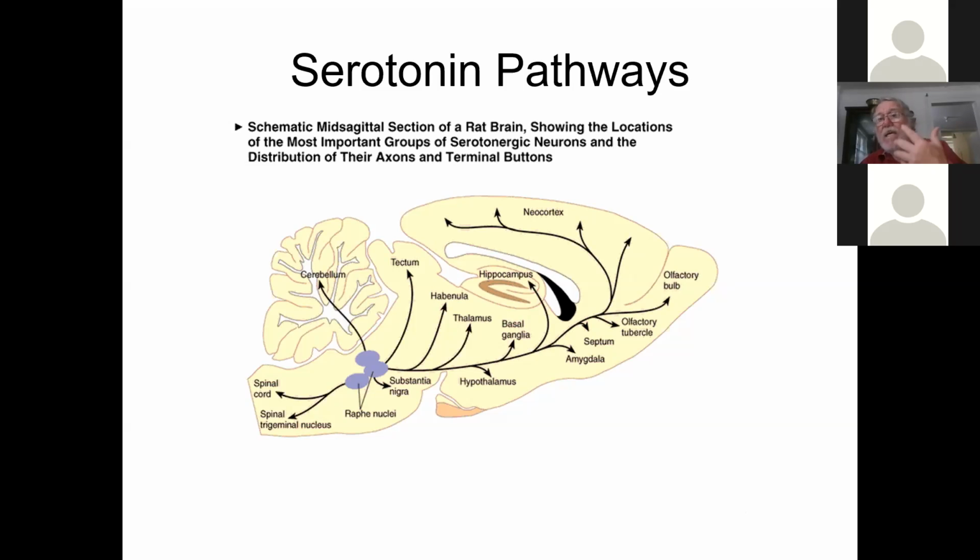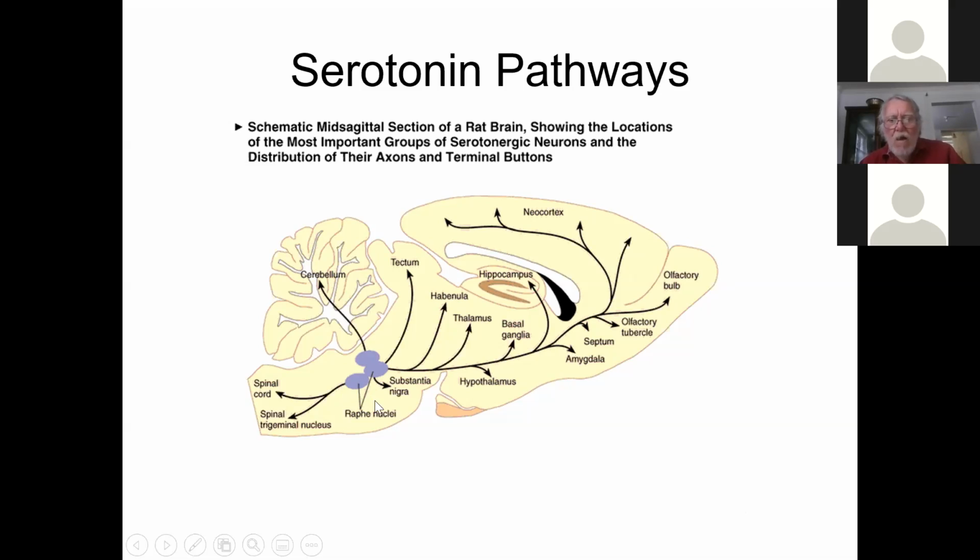What we encountered was the Raphe nuclei in the very caudal medulla, and we could see the Raphe nuclei go all the way forward into the middle of the midbrain. And this is not a very good drawing, but you have the medullary Raphe nuclei here, you have the pontine serotonin nuclei here, and then you have the midbrain nuclei here.